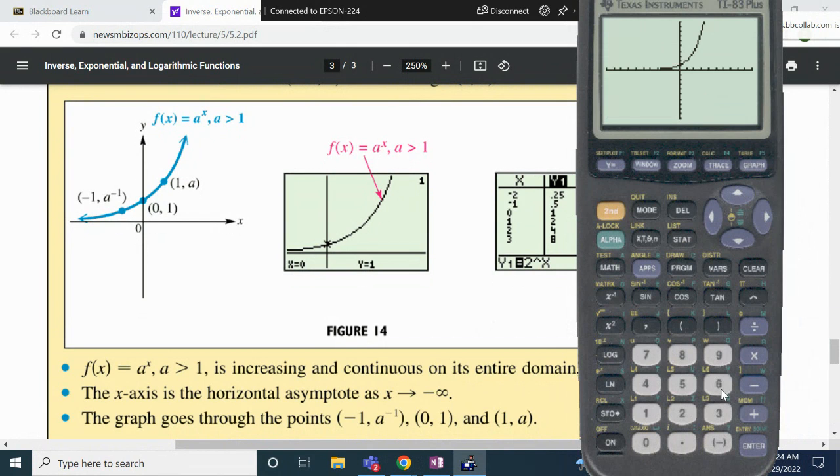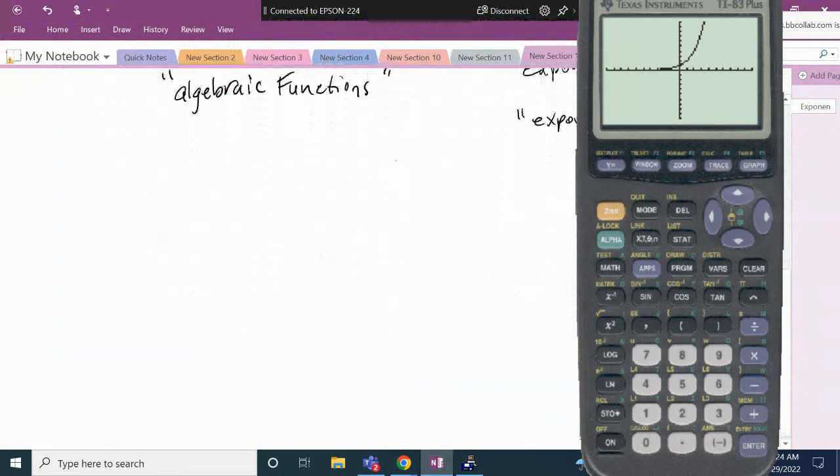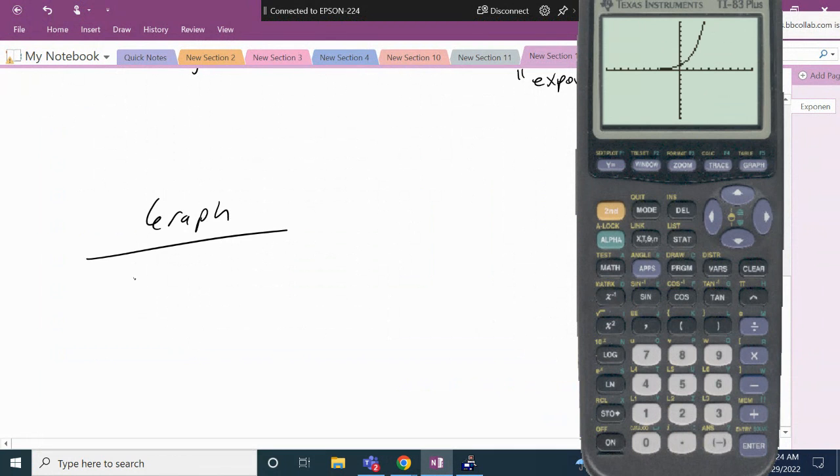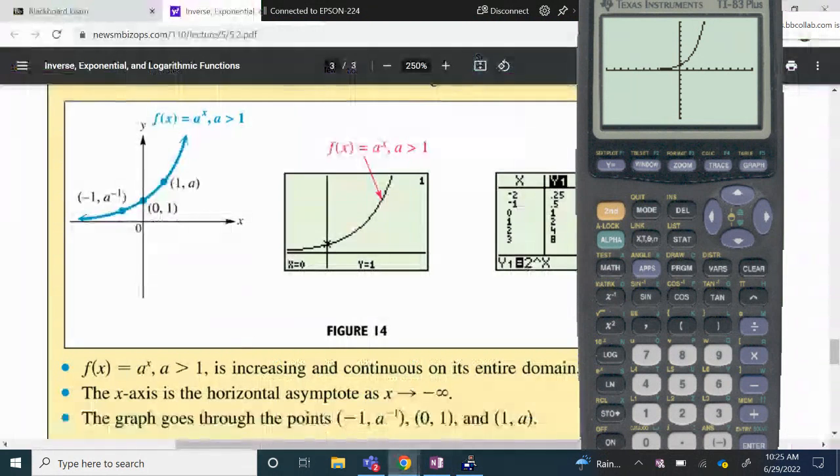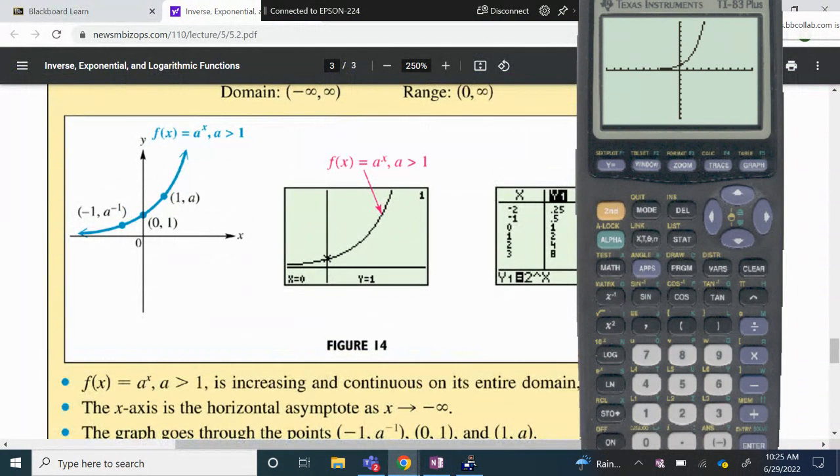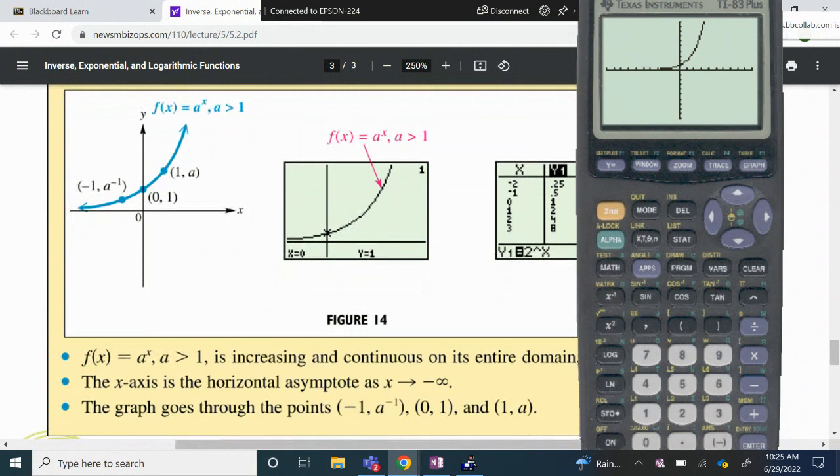So notice that in this function, f of x is equal to 2 raised to the power of x, a would equal 2, right? So if I go back to our little function capsule, notice that for these points, I would simply substitute a for 2.